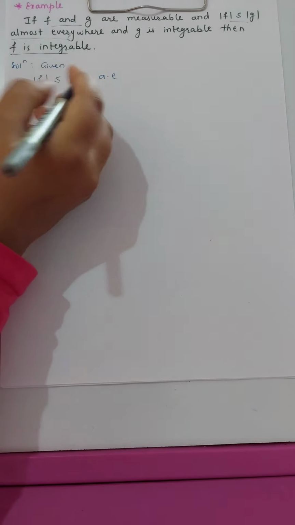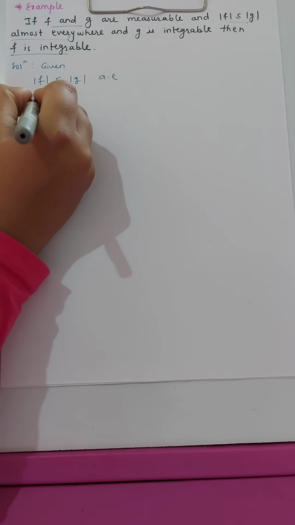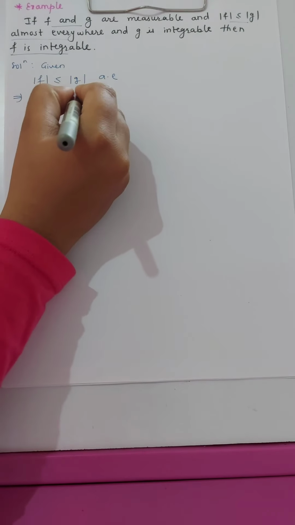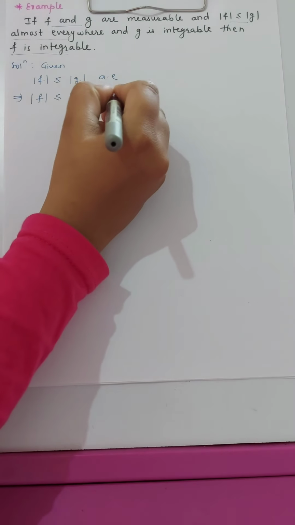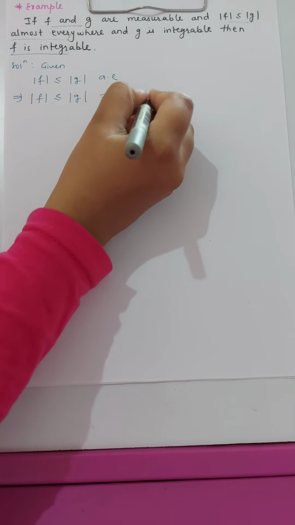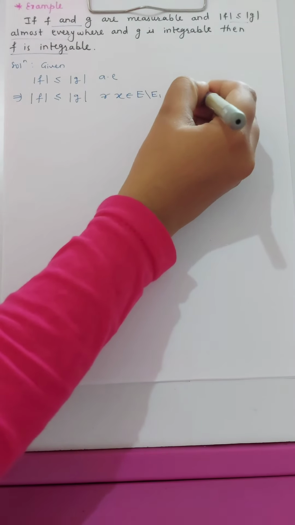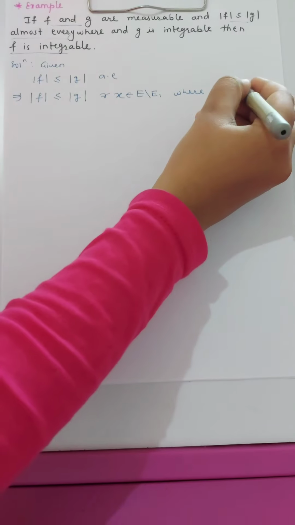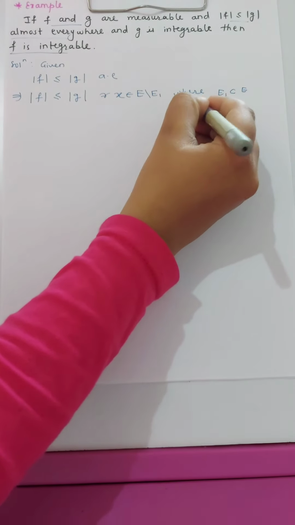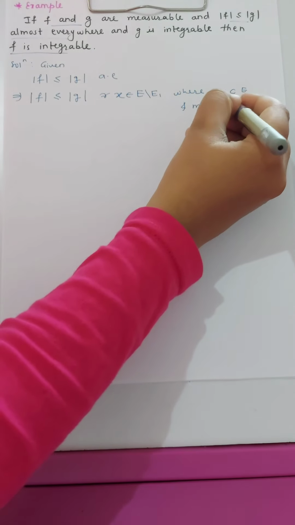So this implies that by definition of almost everywhere, mod f is less than or equal to mod g for all x belongs to e minus e1, where e1 is a subset of e and measure of e1 is equal to 0.